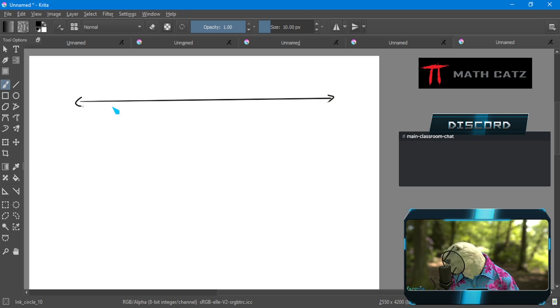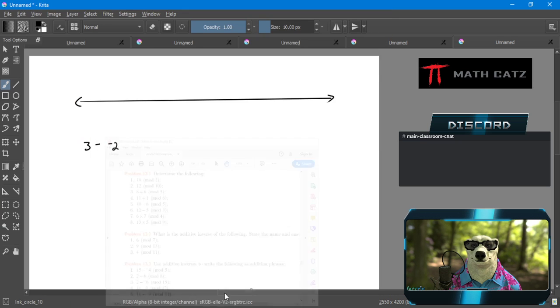So if we think of the number line and I think of whatever, 3 minus -2. That's not the one I have, right? No, it's not. Okay. 3 minus -2. Number line says, okay, 0, 1, 2, 3, 4.